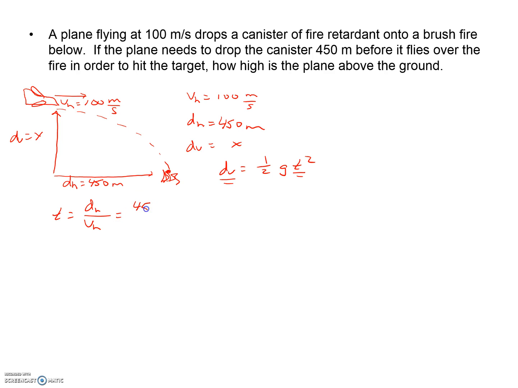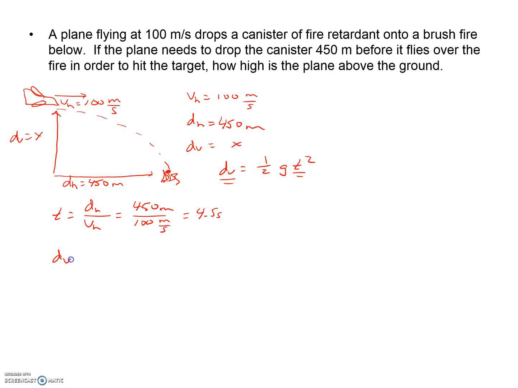So we'll plug in 450 meters for our horizontal distance. We'll plug in 100 meters per second for our horizontal velocity, and that's going to give us 4.5 seconds. That means that if we were to drop that fire-resistant canister at a velocity of 100 meters per second, it will take 4.5 seconds for it to hit the ground.